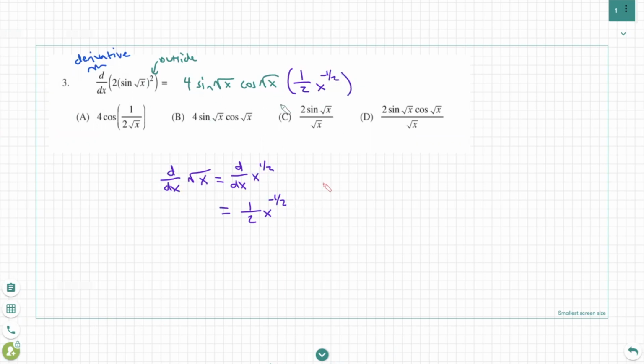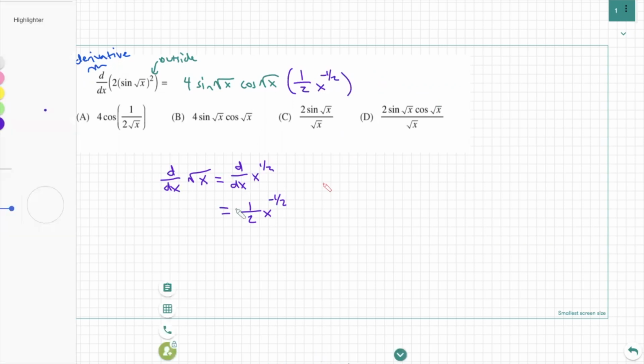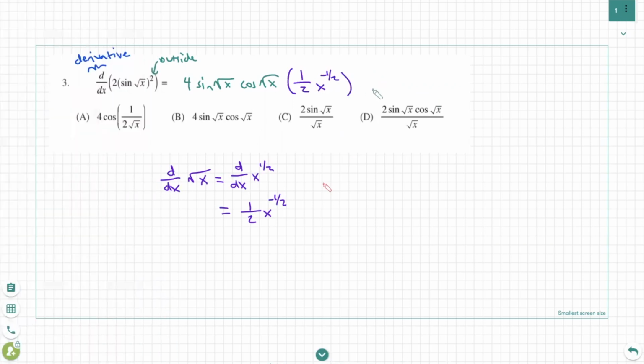Okay, so if you put this all together, what's going to happen? I think it's 2 sine root x times cosine root x times x over x to the -1/2.